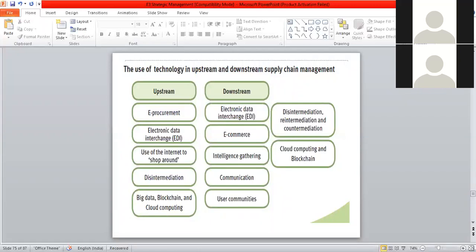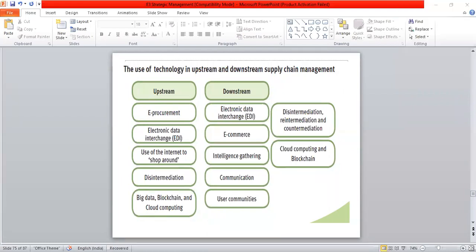Any one of you? Are you aware of what is EDI? Data interchange, data which can be exchanged.